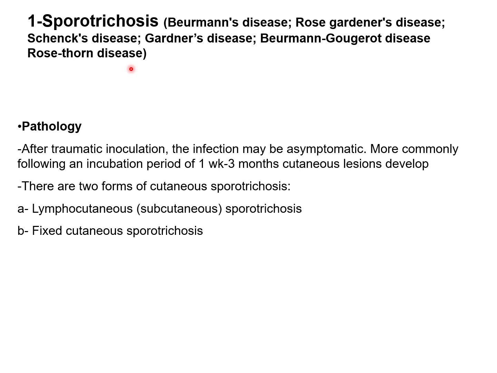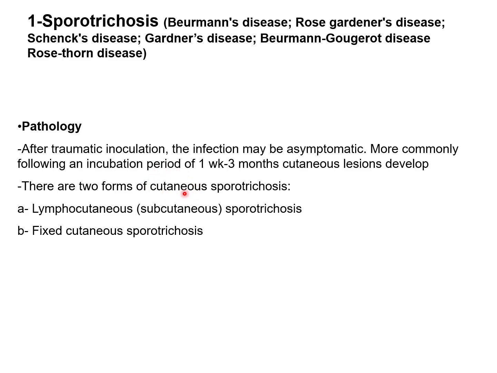So after you have traumatic inoculation, after penetration of the skin, the infection could be asymptomatic. And then what happens more often is after about 3 months or less of the incubation period, you have possibly two forms of cutaneous disease. Now, cutaneous in the sense that it affects the skin.